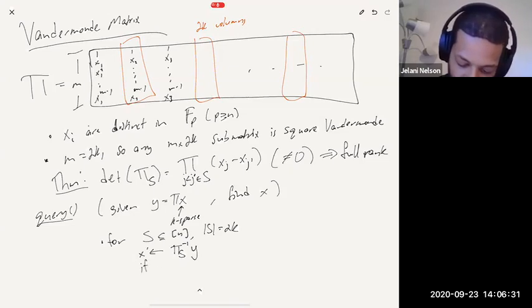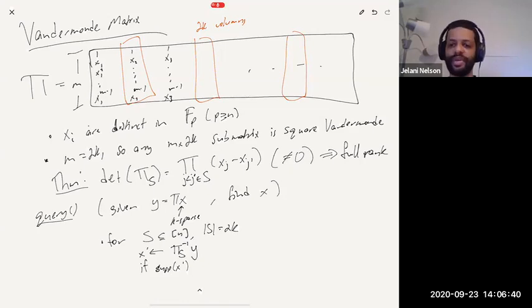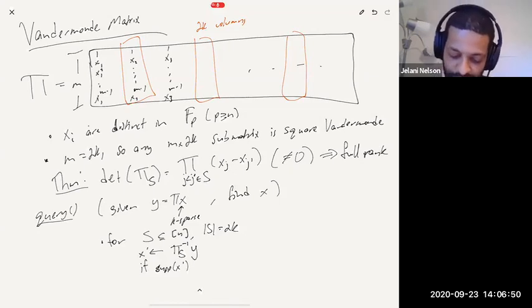And then we check the support size of x prime. We know that the support size of x prime is going to be at most 2k, because pi S has 2k columns.